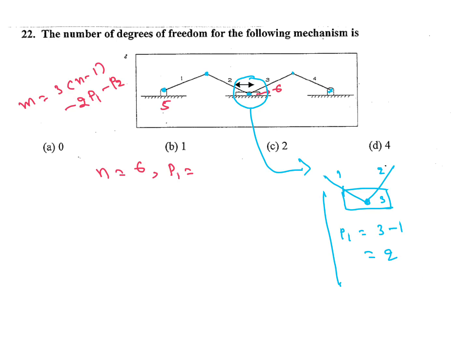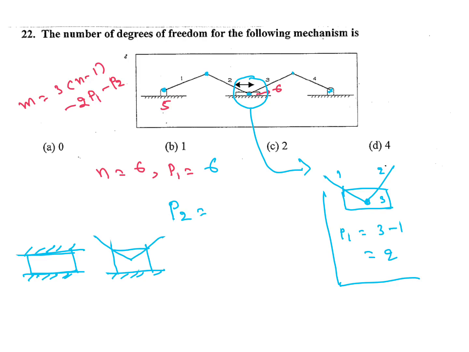Then P2. This is not a piston cylinder arrangement, because in a piston cylinder arrangement both sides will be constrained. This is like this, only one side constrained. So this is a higher pair.